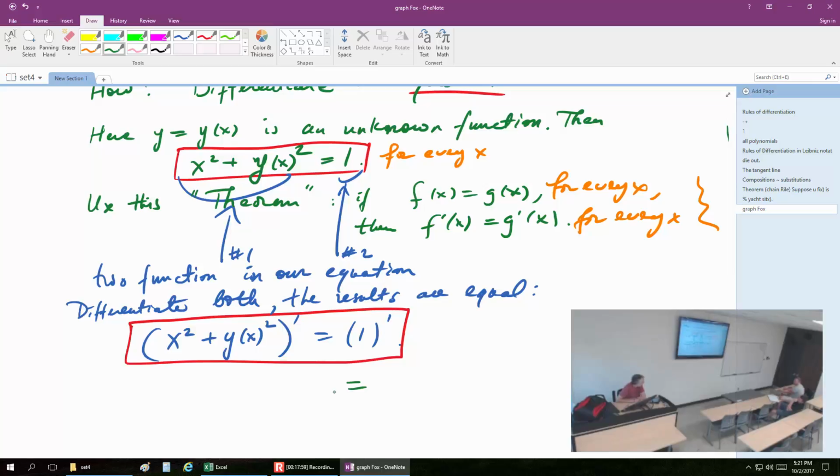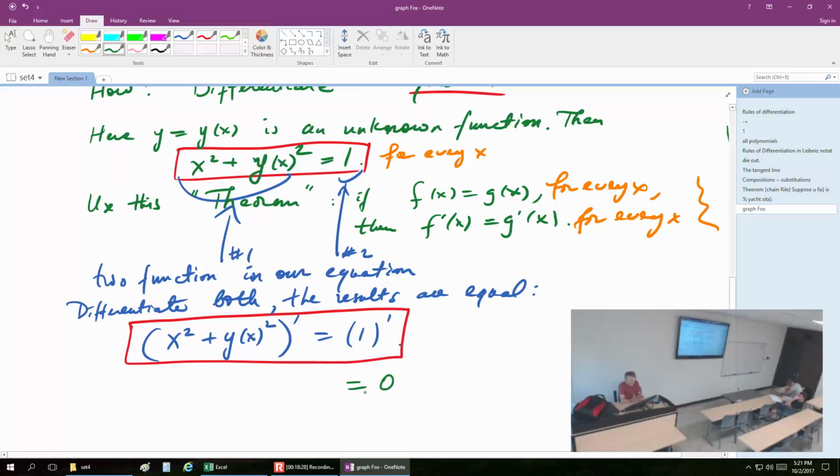There is no x there, but it doesn't matter. We're looking at the right-hand side. It just happens to be a constant function, that's all. And the derivative is 0. Sometimes things are simpler, sometimes more complicated. If there is no x there, it's just good for us, it's easier, right? But it's still a function.